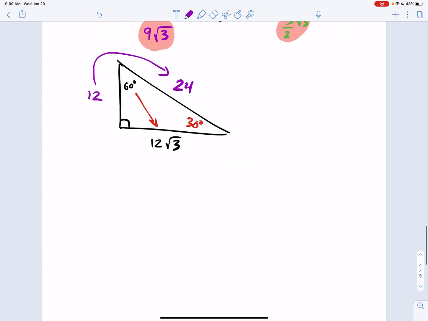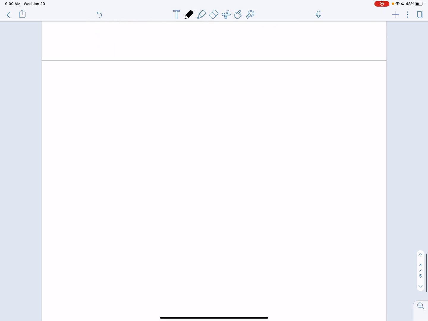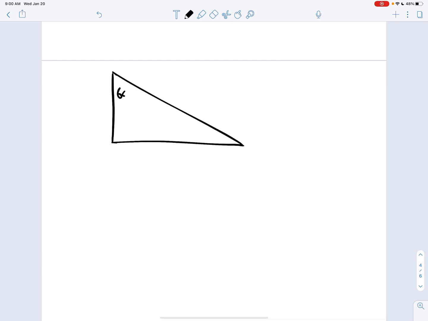Now, what happens when it doesn't fit so perfectly, right? And this is the example that I want you guys to see. The last one for the day. You guys normally see a radical 3 in front of your 60, right? Or opposite of your 60. So what do you do if it's not there?